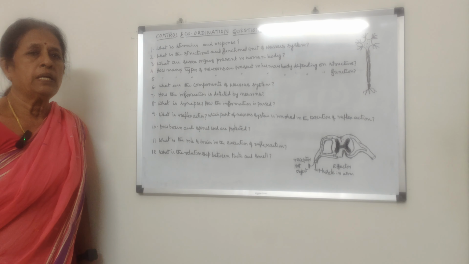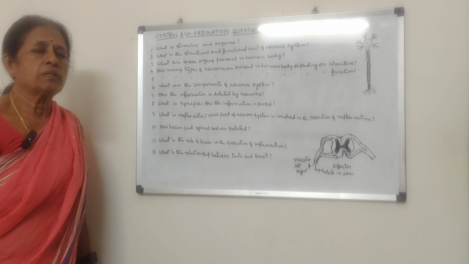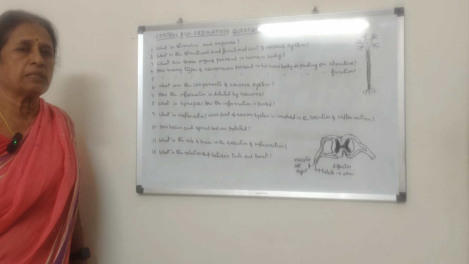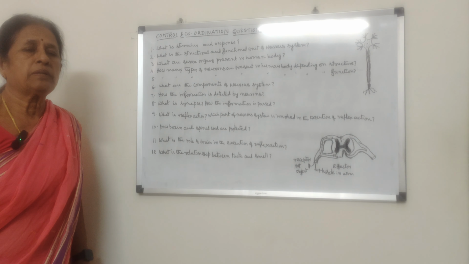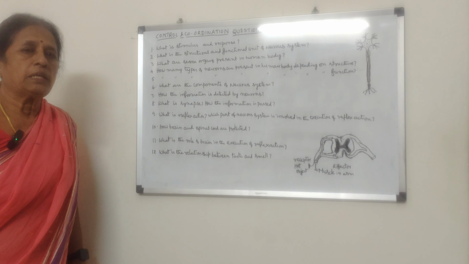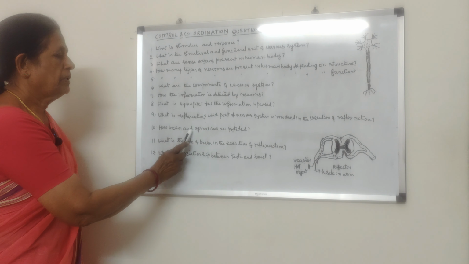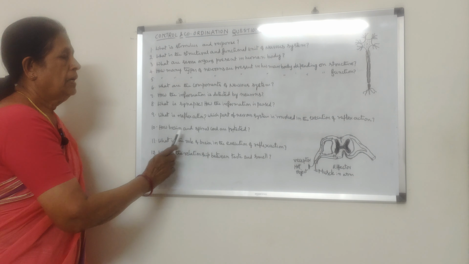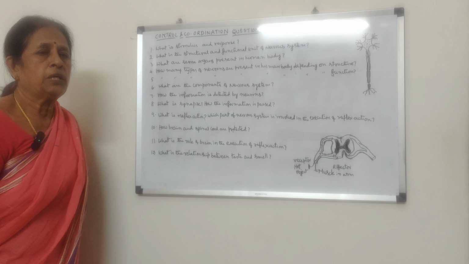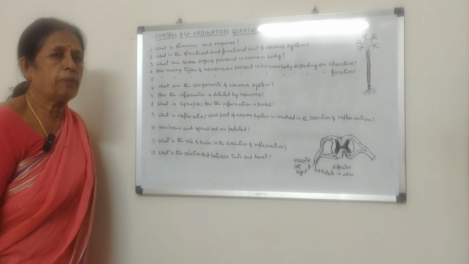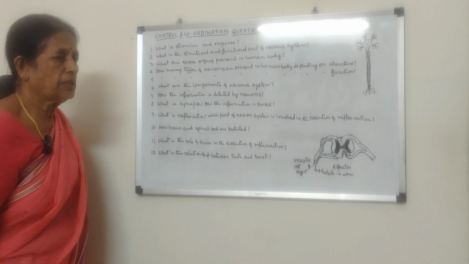This fluid supplies nutrients to the cells in the brain and protects the brain from mechanical shocks and injuries. So the brain is protected by the cranium, the three meninges, and cerebrospinal fluid.